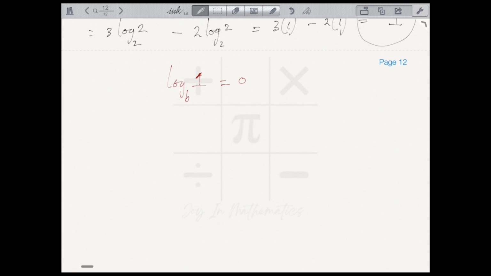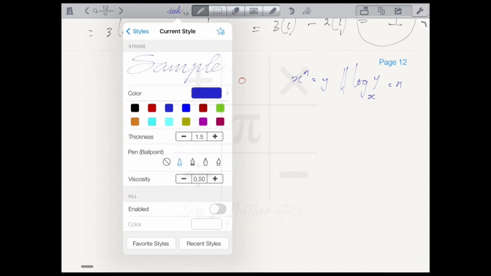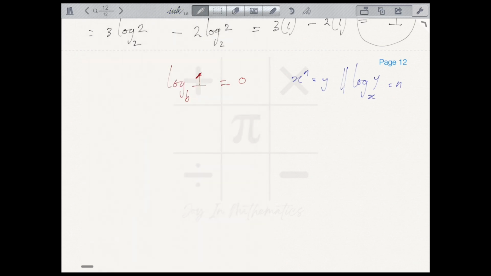So we recall again our interface between index form and logarithm form that says x to the power n is equal to y, and likewise log y to base x is equal to n. So while proving, we have b raised to the power x is equal to p, and likewise q is equal to p raised to the power of y.